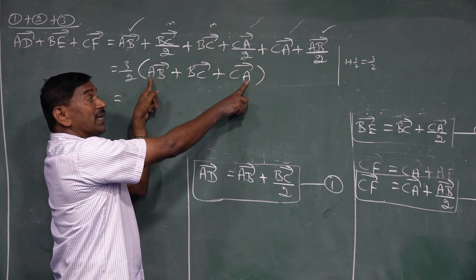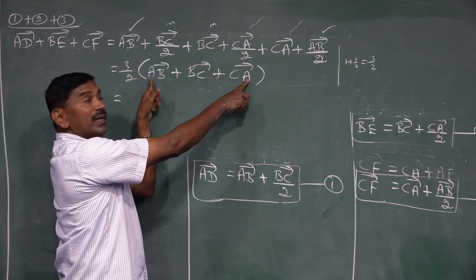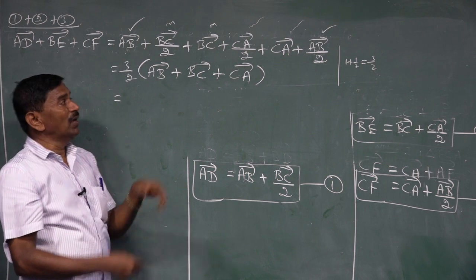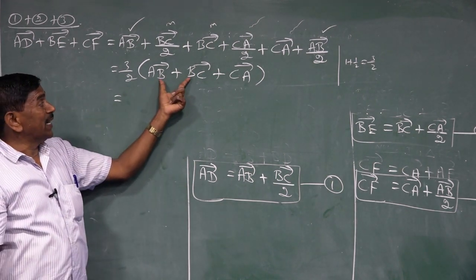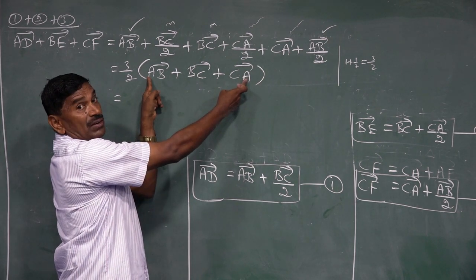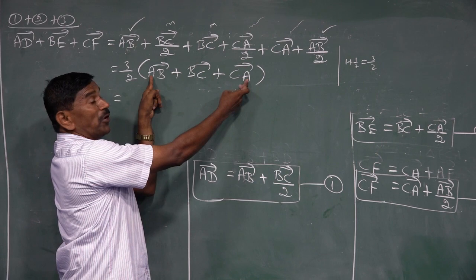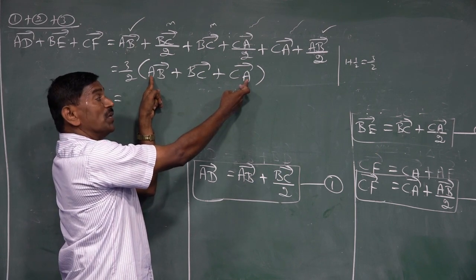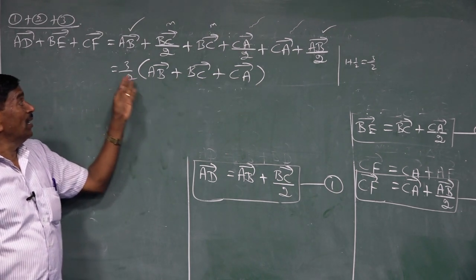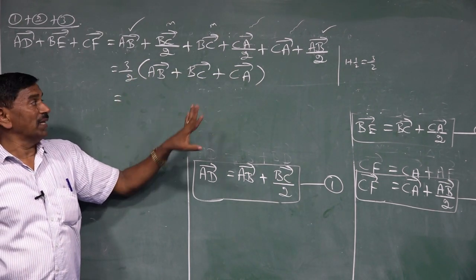AA vector. AA vector means from A to A: initial point A, terminal point A. So AA vector is equal to the 0 vector, because the initial point and end point are the same. So the bracket is equal to the 0 vector, and 3 by 2 into 0 vector is equal to 0 vector, hence the result. One can write it like that.